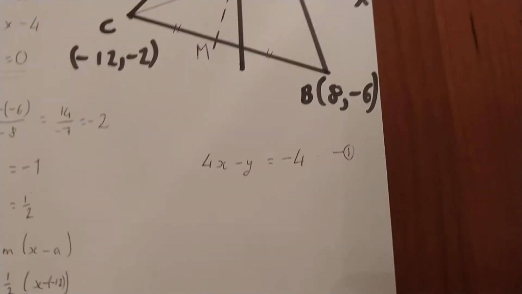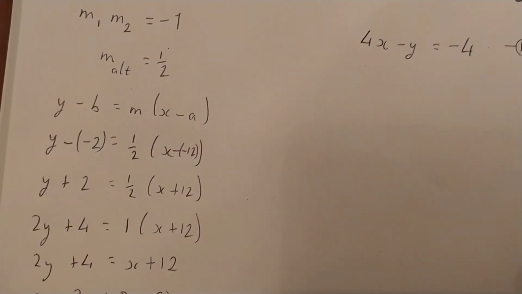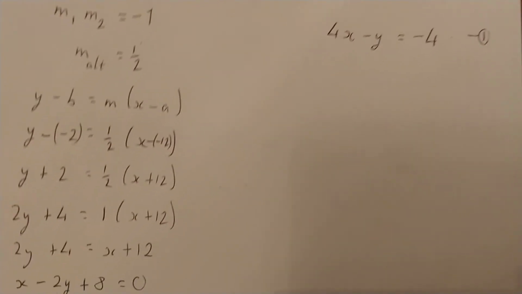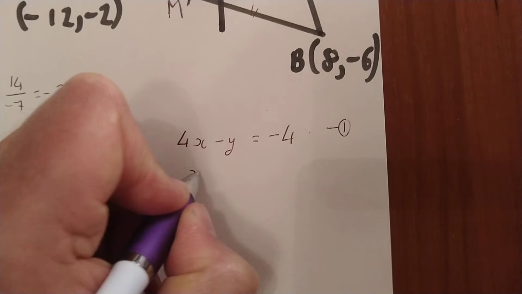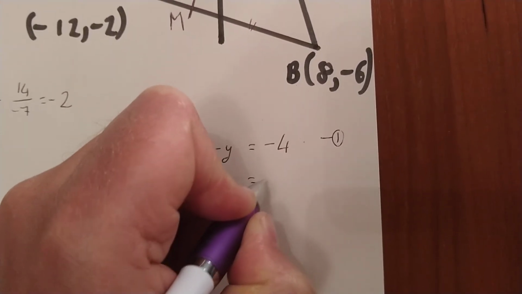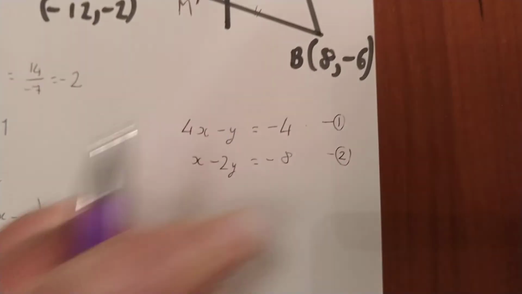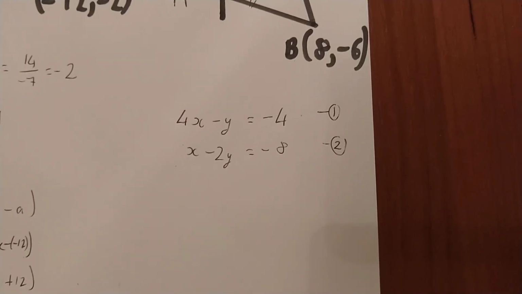That's my median equation. And likewise with the second one, I'll say x minus 2y, take away 8 from both sides, equals negative 8. So for here, x take away 2y equals negative 8. I'll call that equation 2. Where to go next with this?